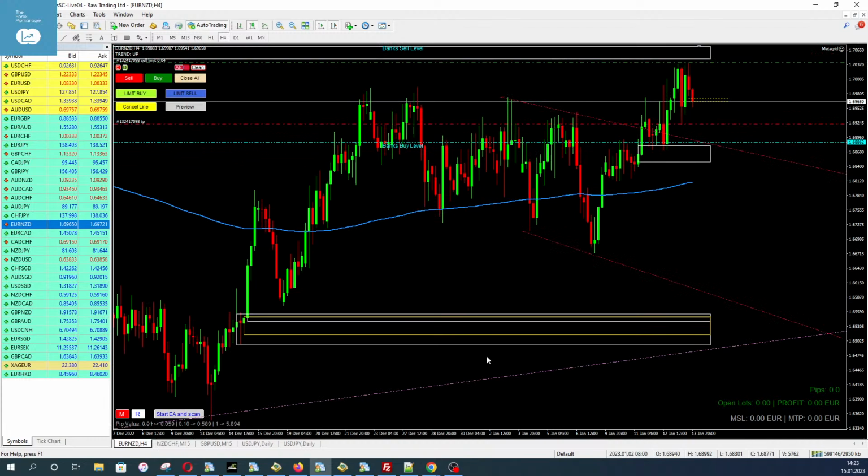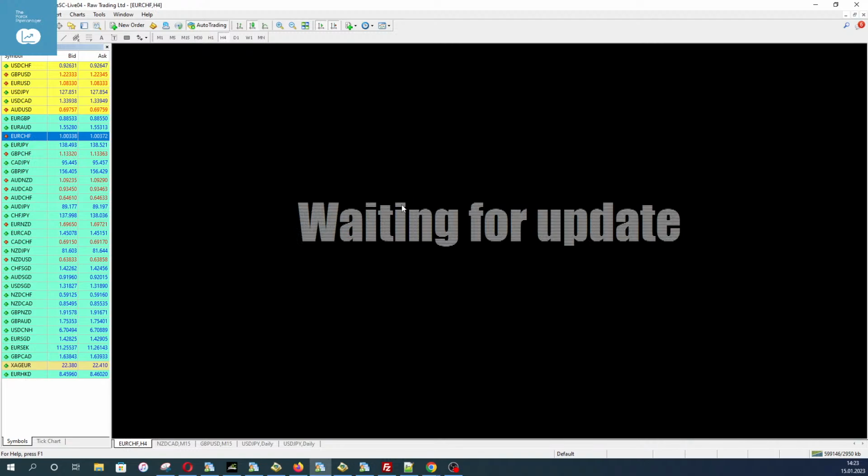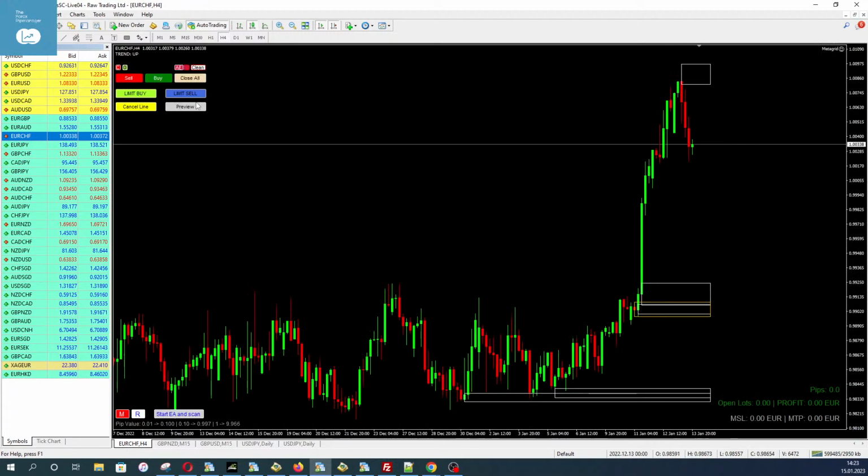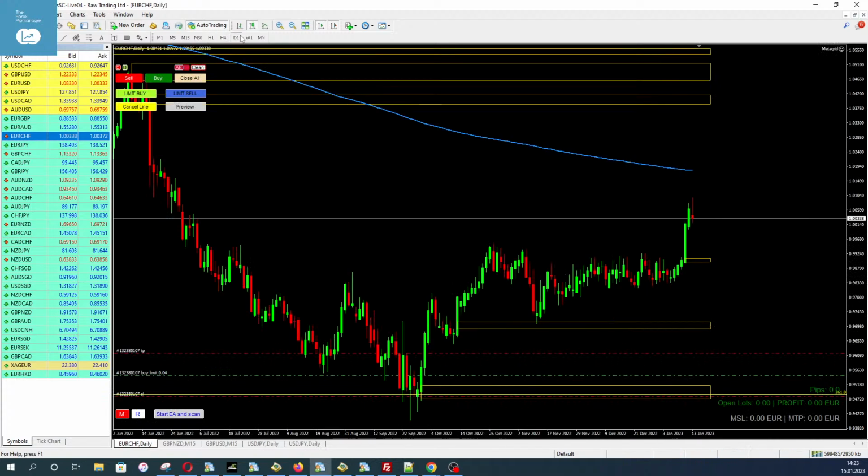Okay, then let's see what I have next. The Euro Swissy. I have one pending order in this area, a little bit higher than this yellow demand zone.